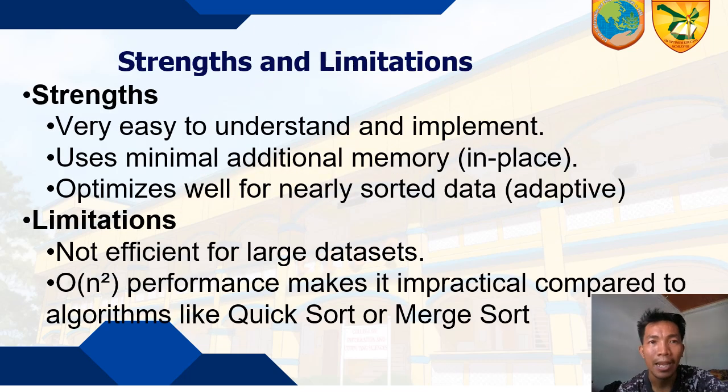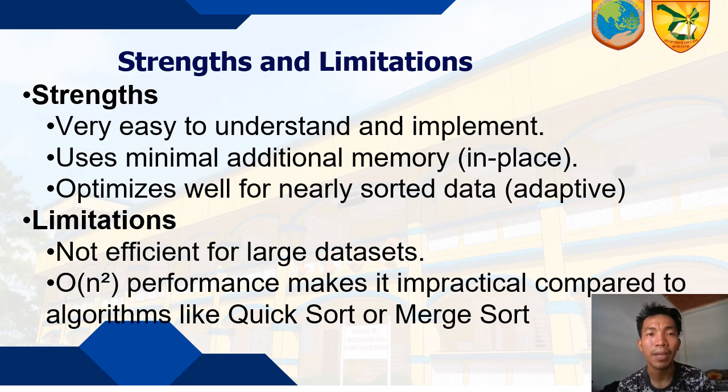So we will just highlight the strengths and limitations of using a bubble sort algorithm. Now, according to most literature and to feedback from developers, bubble sort algorithm is seen to be very easy to understand and implement. We have seen how it works in our examples in the iteration part.